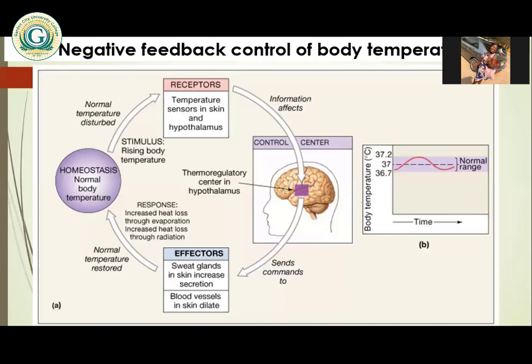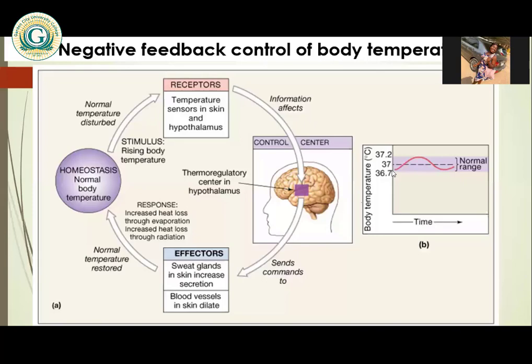Thank you. All right, well done. So just as Agnes and Judith have explained, we already know that the normal body temperature is 37. That's the set point. But we have a normal range between 36.2 and 37.2.